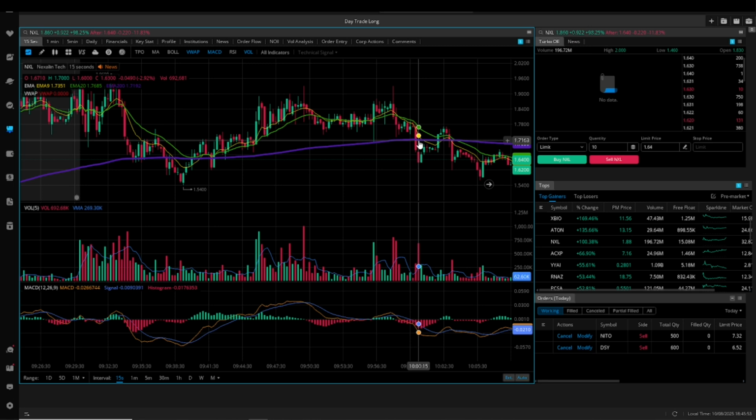Then I again bought 2500 shares at 161. It went all the way down to 160. I bought it at 161 and sold it at 165. So that's where I made most of the money on this NXL ticker.